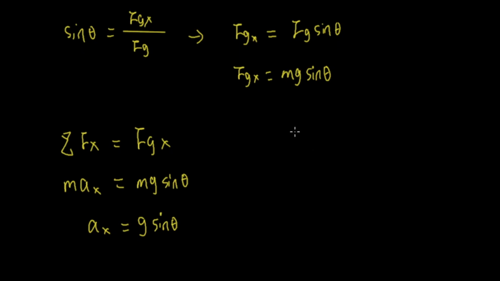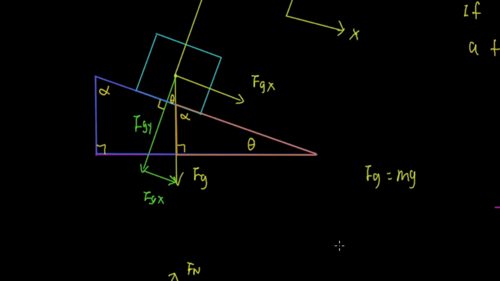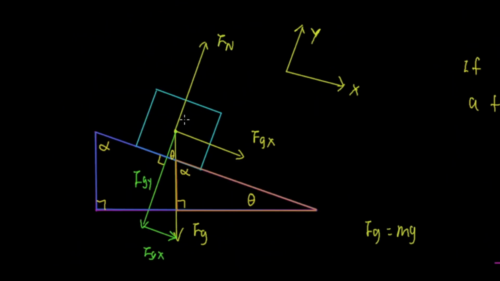Now next, look at all the forces acting in the y direction here. As you can see here, it's the normal force and the force of gravity in the y direction. But the normal force is in the positive y direction, and the gravity force in the y direction is in the negative y direction.